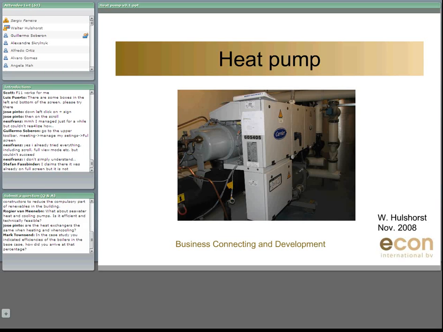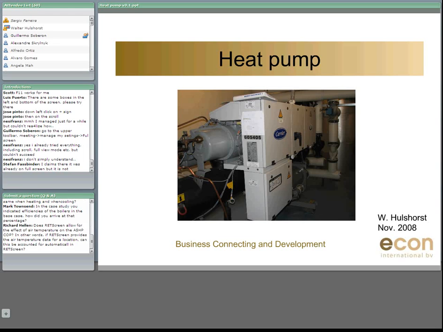So we have another question now from Richard Helen. Does RETScreen allow for the effect of air temperature on the COP? In other words, if RETScreen provides the air temperature data for a location, can this be accounted for automatically in RETScreen? Yes, the answer is yes.